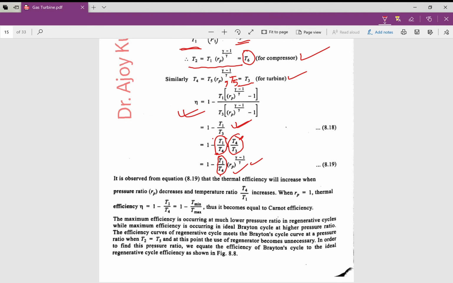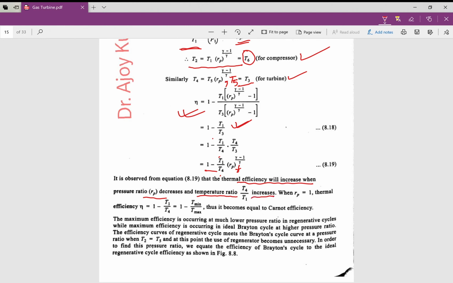So based on this equation, we can say to students that thermal efficiency will increase when pressure ratio decreases, because here it is written minus. So when pressure ratio decreases, efficiency will increase, and at the same time temperature ratio T4 upon T1 should increase.